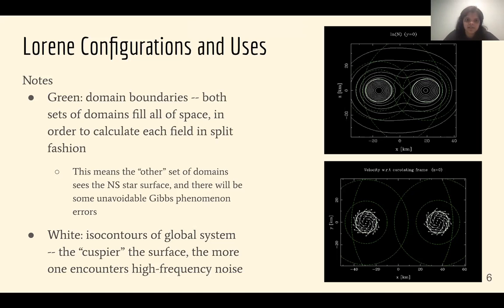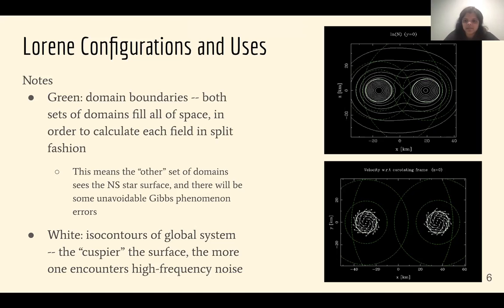As Josh had mentioned, both sets of domains fill all of space, and in order to calculate each field in split fashion, the other set of domains sees the neutron star surface, and there will be unavoidable Gibbs phenomena errors.